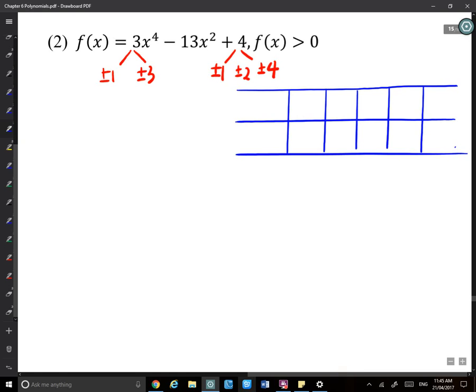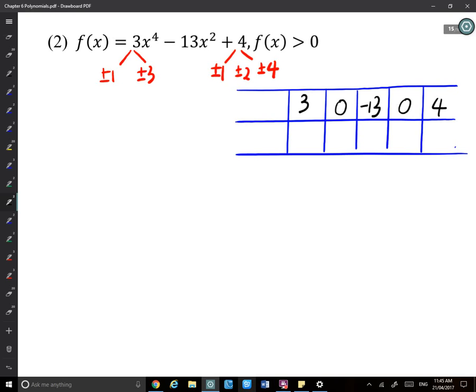Let's write that in black. X to the power 3 will be 0. X to the power 2 will be -13. X term will be 0 and the constant term will be 4. Okay, 5 numbers, 2 replaced with 0.